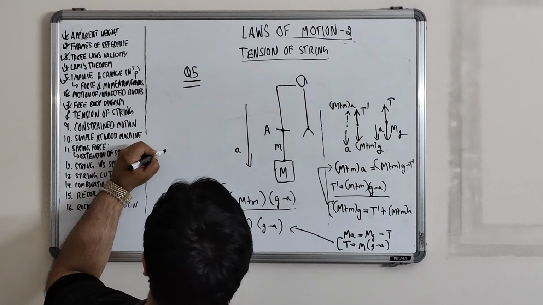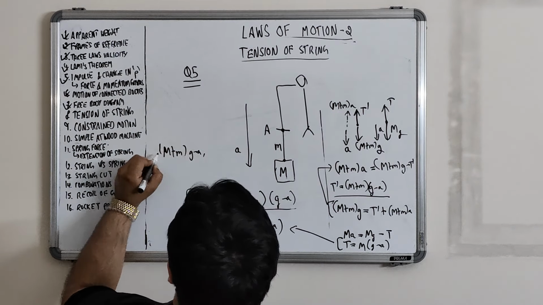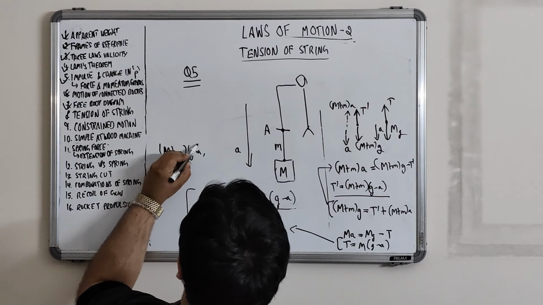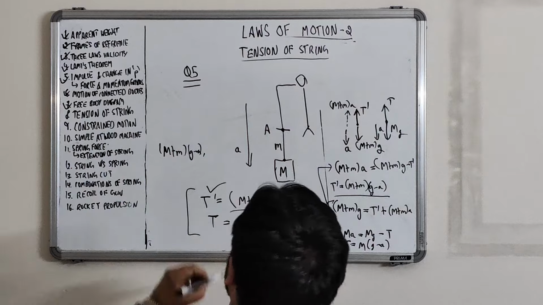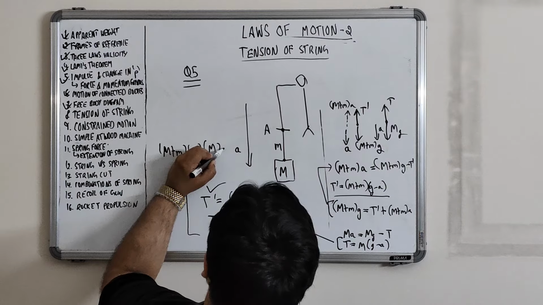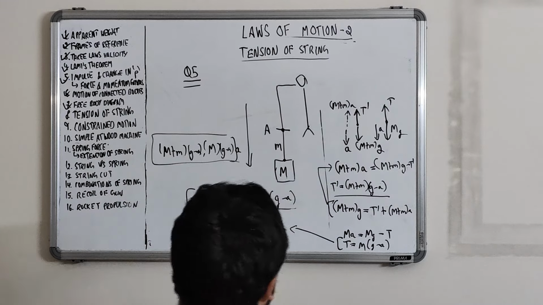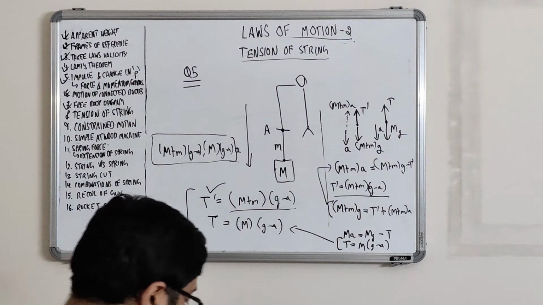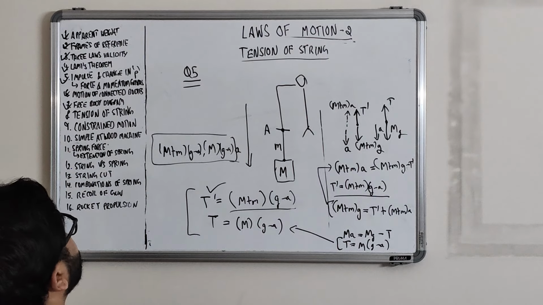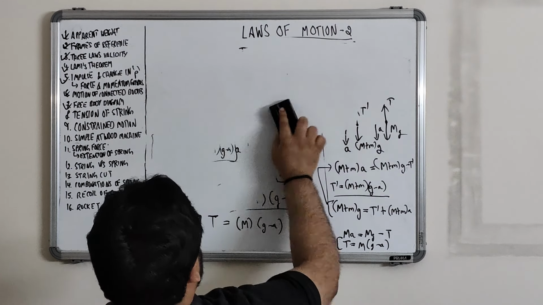M plus m into g minus a, and m into g minus a. These are the tensions at point A and at the edge. Simple. This was tension of string.